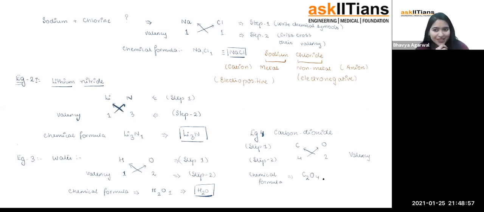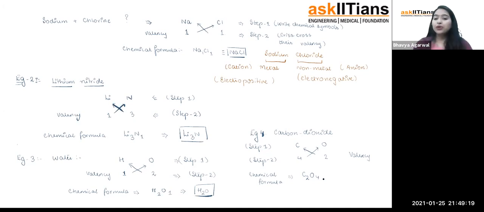So what we'll do is we'll simplify it. Whenever there is a number which can be further simplified, you know about mathematics, fractions, so you always simplify it to the lowest possible number. So 2 and 4 have a common factor of 2, right?